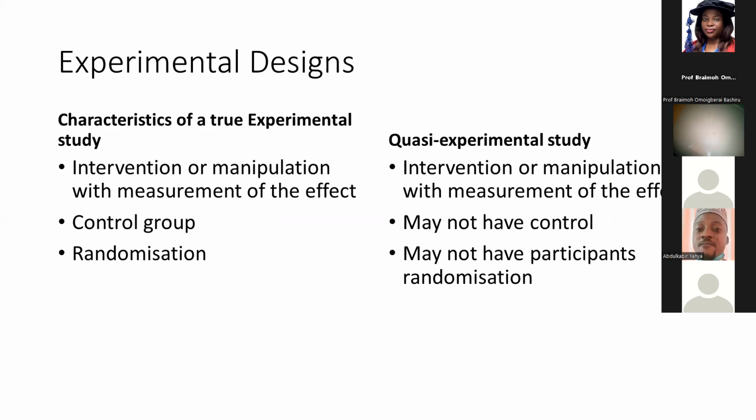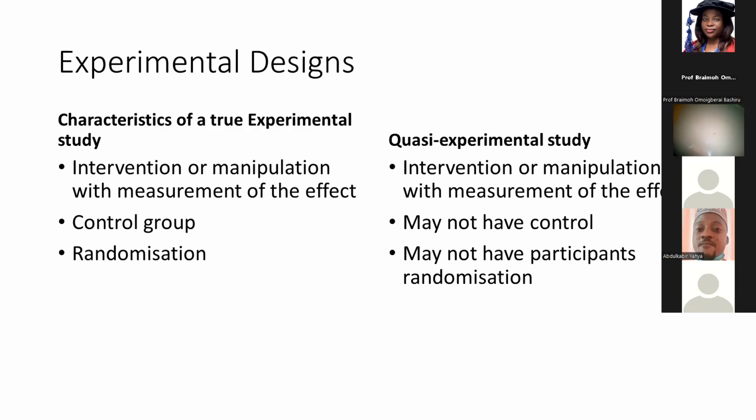If you do not have randomization, it's called a non-randomized trial. If any of the other things are missing, either there's no control group or there's no randomization, it is a quasi-experimental study. So a non-randomized controlled trial is an example or a type of a quasi-experimental study.